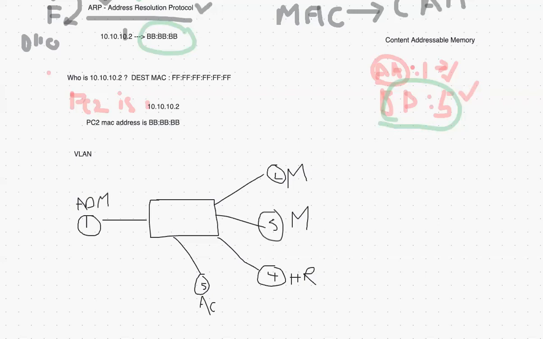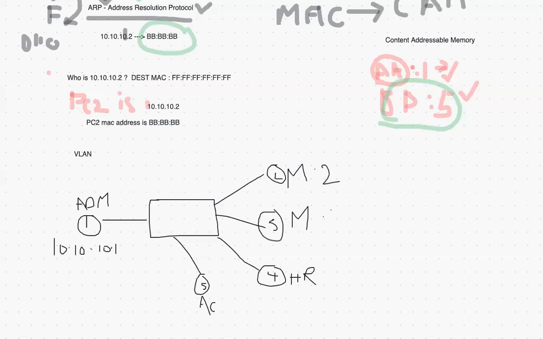So you want to send a message to HR. So your IP is 10.10.10.1. This is 10.10.10.2.